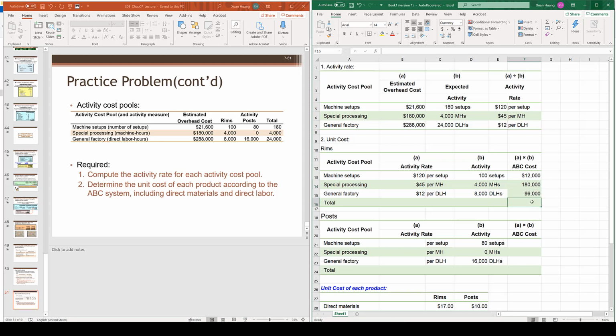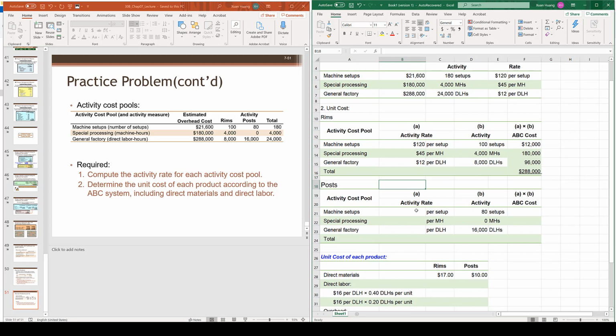Then we add up total assigned costs from those three activity cost pools to get the assigned cost to rims. Total is 288,000. This is the assigned overhead cost to rims.